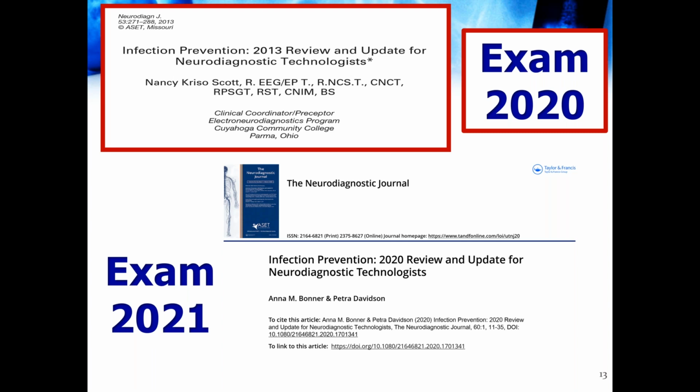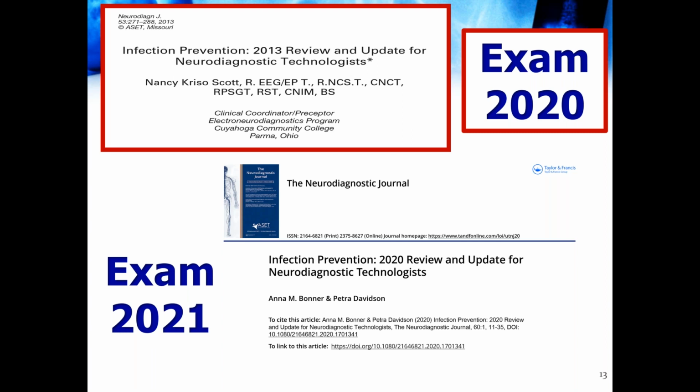This year, recently, they published a new infection prevention article. So there now exist 2 copies of this document. One is copyright 2020, one is copyright 2013. What's important for you to know, if you're sitting for your test in 2020, you must study the 2013 document.